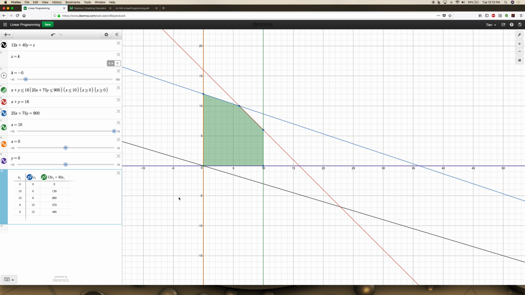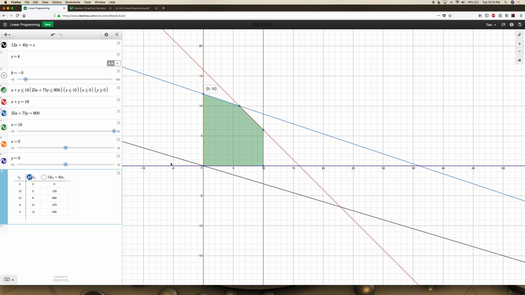So let's turn this off here. So if we look over on the right here, we have our 1, 2, 3, 4, 5 corners, and here we can observe all of their values, and we'll see that at 0, 12, right here, that is our optimal solution where we do not raise any goats and we raise 12 pigs.